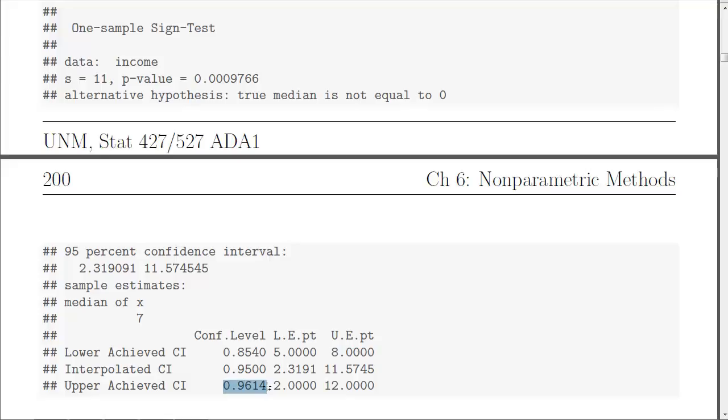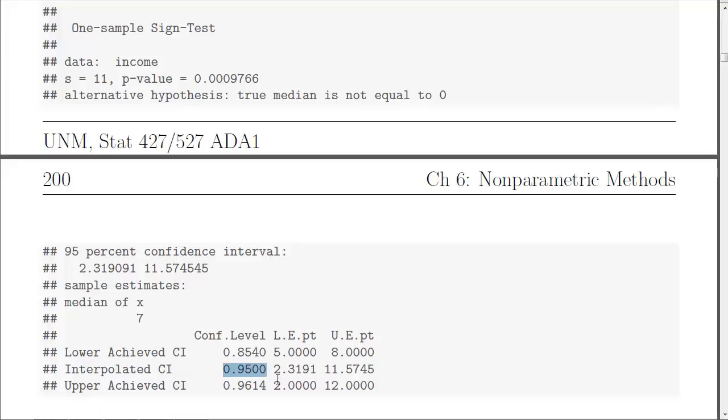Okay, so it's a little too big. We're looking for a 95% interval, but because the nonparametric method relies on the data themselves and the ranks of the data, that is the order of the data, we can't often get an exact 95% interval with the data that we have. So there are some interpolated methods that basically take guesses between the data points that we observe to give us the correct confidence level interval.